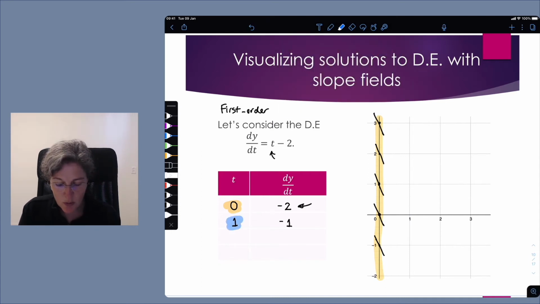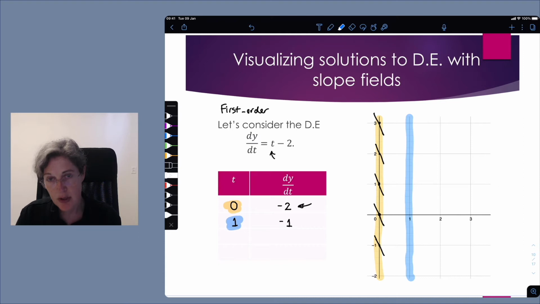Okay, so when t is equal to 1, now I'm looking at y values on this vertical line here, because that's when t is equal to 1, so the possible values of y lie on that blue line. Well, suppose that at that particular point my function has a value of 1. What will the tangent look like?